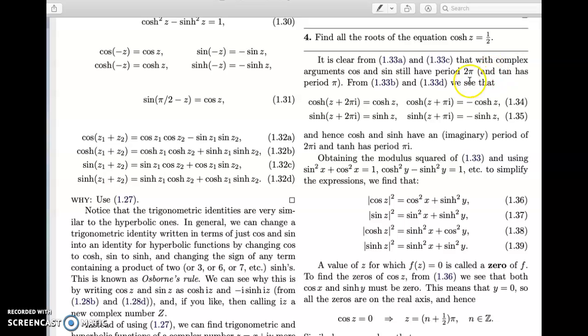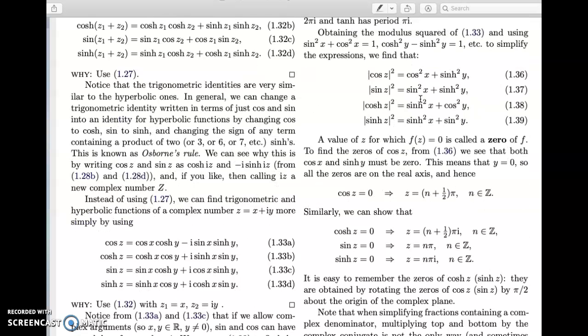Likewise, tan. Another useful relation is that tan has period pi. Why is that? Well, it's basically because cos of z plus pi is equal to minus cos z. That's also straightforward to show because cos of x plus pi is equal to minus cos x, and sine of x plus pi is equal to minus sine x.